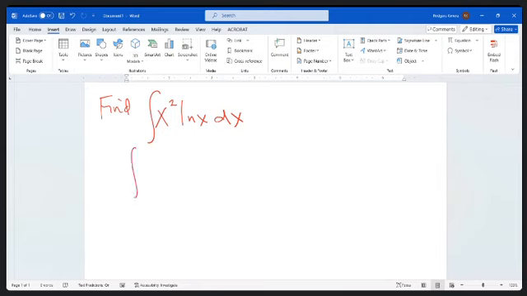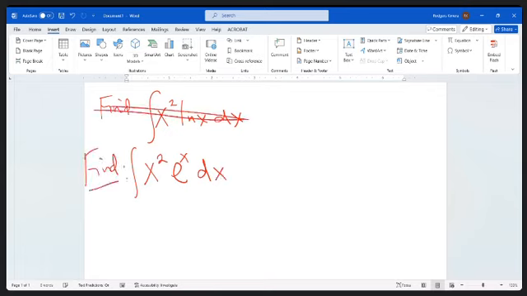Let's do this one: x squared e power x dx. You do this one in your free time. Find this. Now I'm not giving a hint. Let's see what people will want to consider as u and what people want to consider as v.